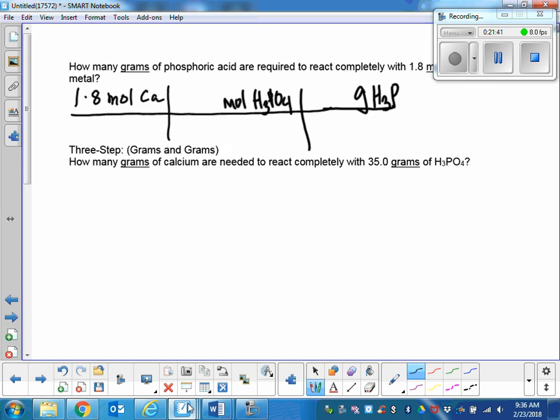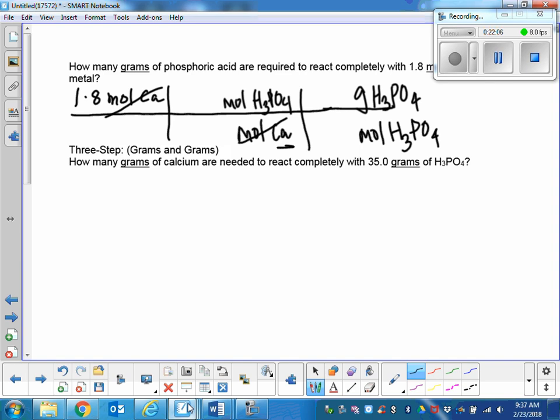Grams of phosphoric acid. Correct? What do I cancel out of? What is here? Moles of calcium. What do I cancel out of? Moles of phosphoric acid. Are we good?